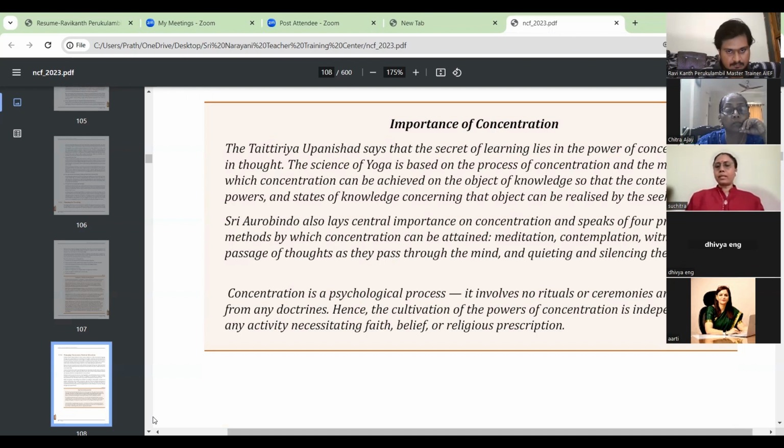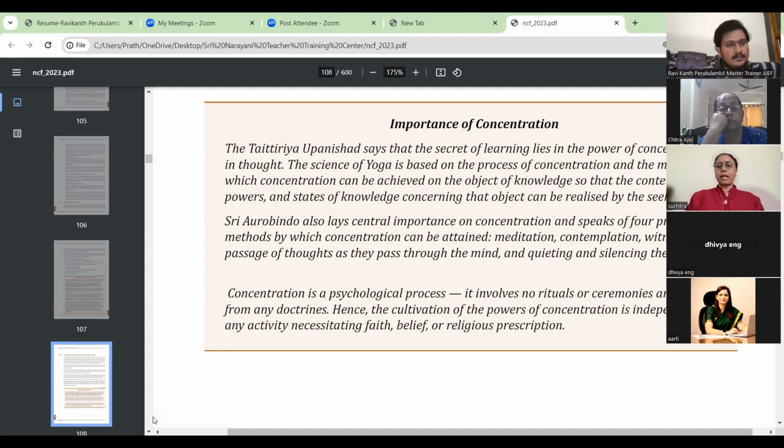The science of yoga is based on the process of concentration and the methods by which concentration can be achieved on the object of knowledge so that the contents, powers, and the states of knowledge concerning that object can be realized by the seeker.